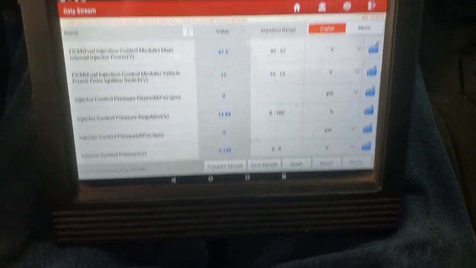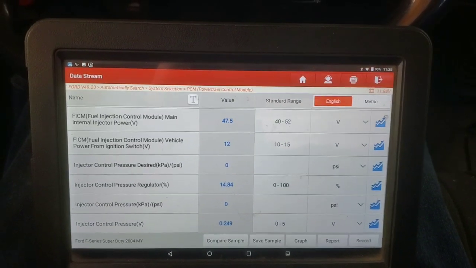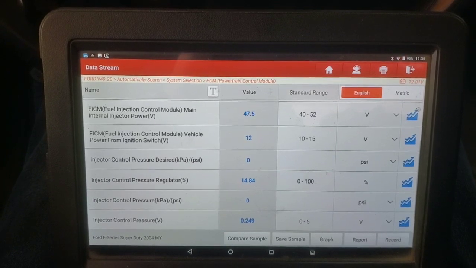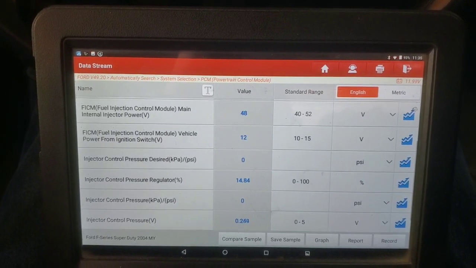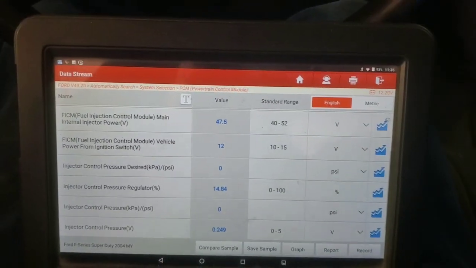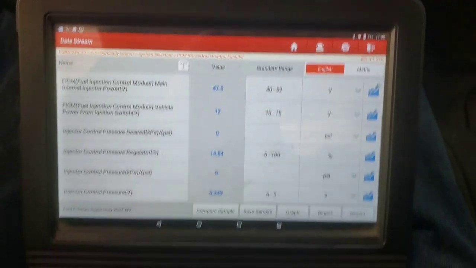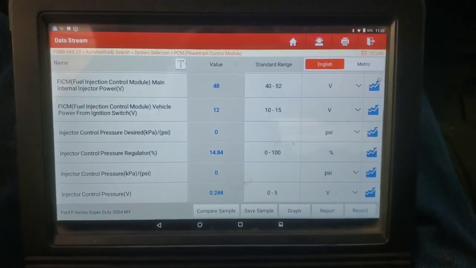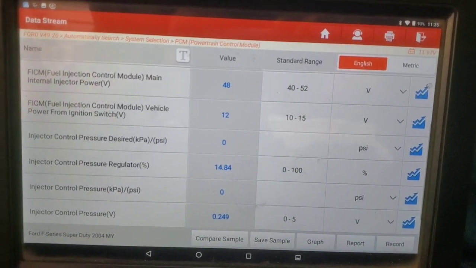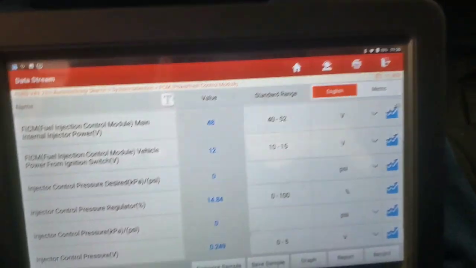0.25 looks about right. Let's recycle this key and try to start this, because I've got the ICP sensor plugged back in now. And you always want this FICM voltage. That's one thing to watch, to see if we've got no less than 45 volts or whatever.